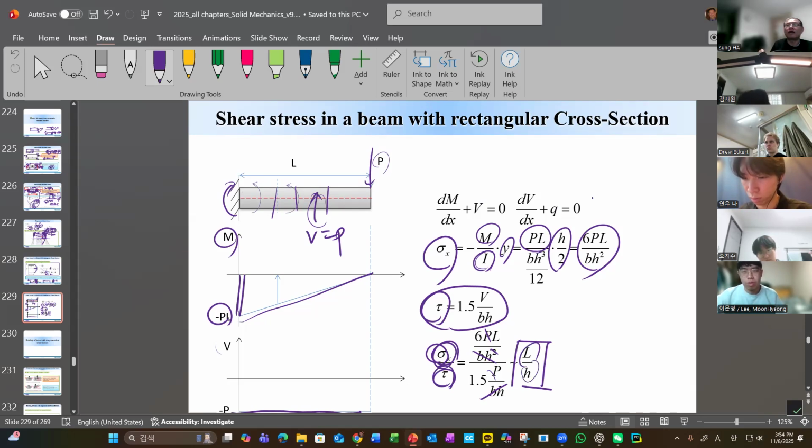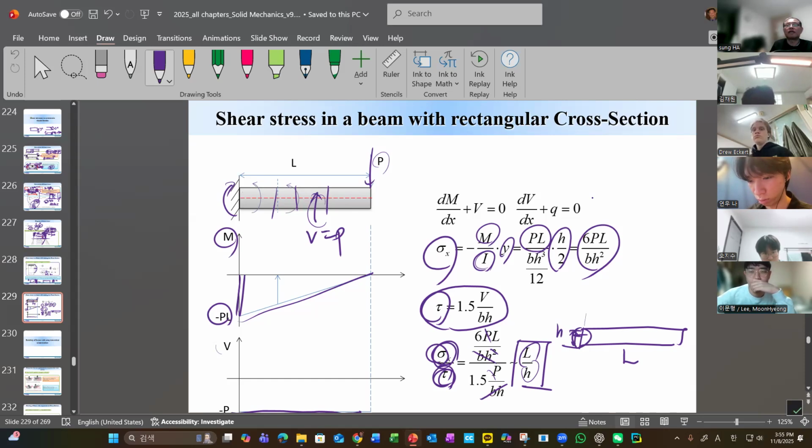What does it mean? L is the beam length, and H is always small compared to L. So the shear stress, even though it's a maximum at the center here, will be much smaller than the bending stress.